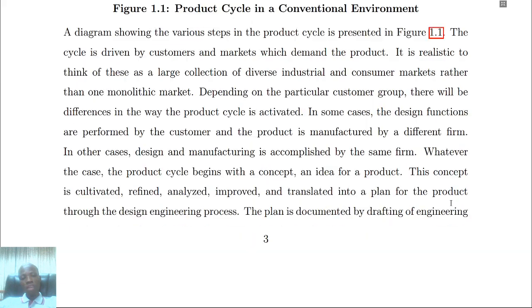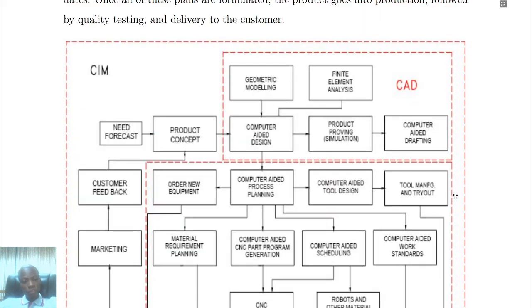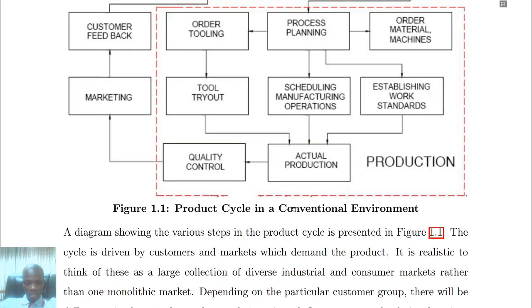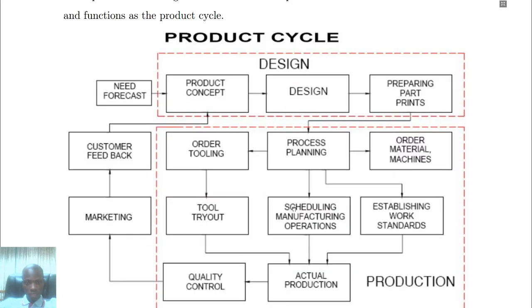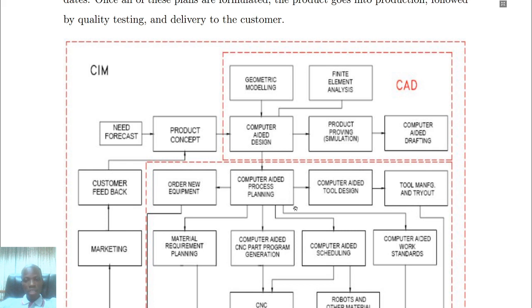Then we also have the modern way of developing a product, and this one is a computerized form where most of the things that we have spoken about in the traditional form of product development, or the product life cycle, are done in the computer environment.